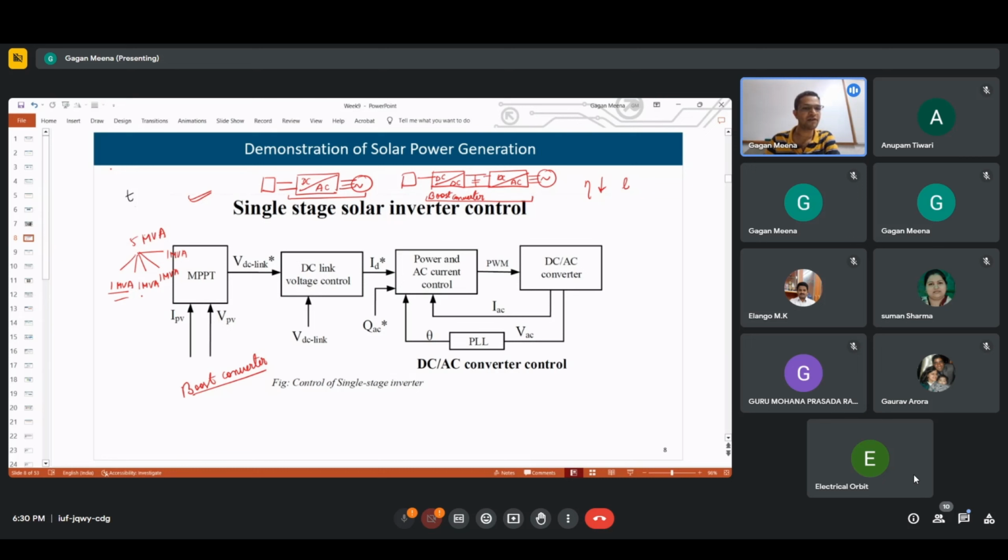They will all convert DC into AC. Then we'll be using another big transformer. So we need transformers to boost the voltage, to step up the voltage.